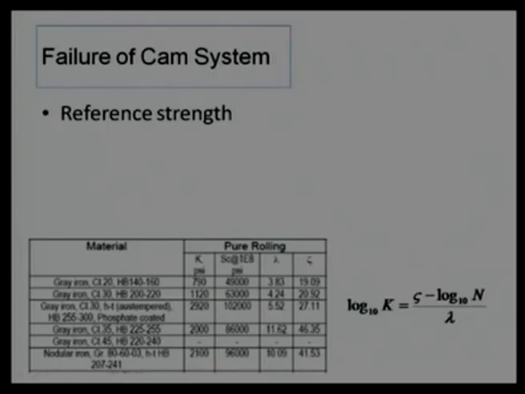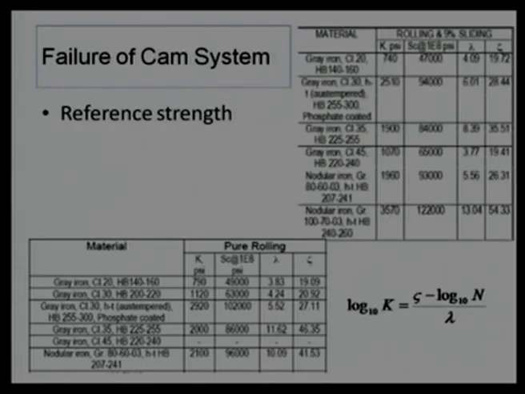In other words, if we want to increase the life, we will be able to find out what value of k is required. If I say I want a cam life of 10⁸ cycles, then we need to choose proper k, proper zeta, proper lambda. So, an iterative scheme can be used to find out which material will give me appropriate results.